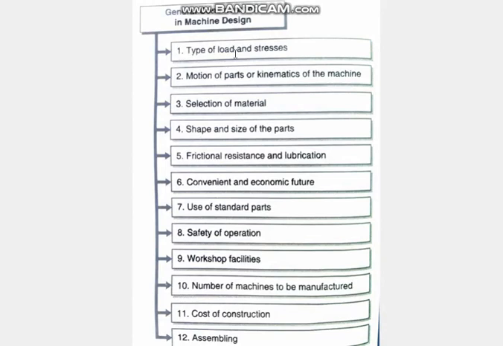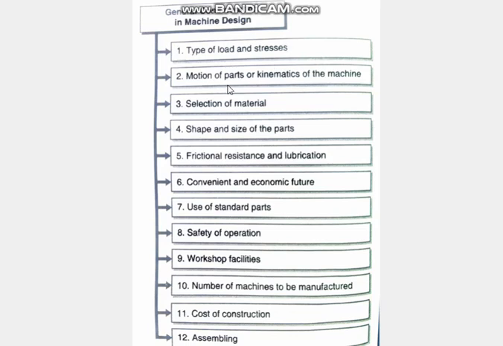Loads can be a steady load, a fluctuating load, a repeated load, a suddenly applied load, and like that. Stresses can be a tensile stress, a compressive stress, a shear stress, a bearing stress, or a localized stress, or a body stress. Like that, there can be different types of stresses and different types of loads. You have to analyze those things.